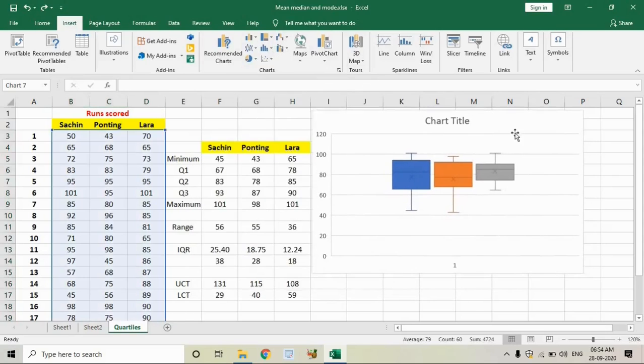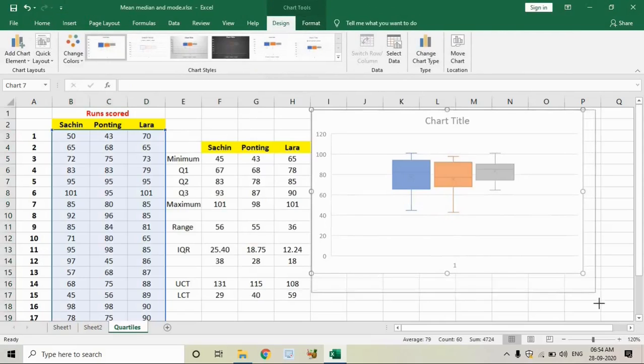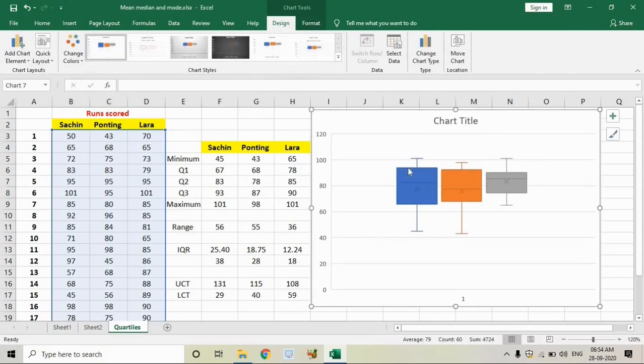So let me explain this chart first. You can see the upper and lower whisker. The upper whisker shows the maximum value and the lower whisker shows the minimum value. So they are 101 and 45 respectively. The upper boundary of the rectangle shows the value of Q3 and the lower boundary shows Q1, and the middle line shows the value of Q2 or median.